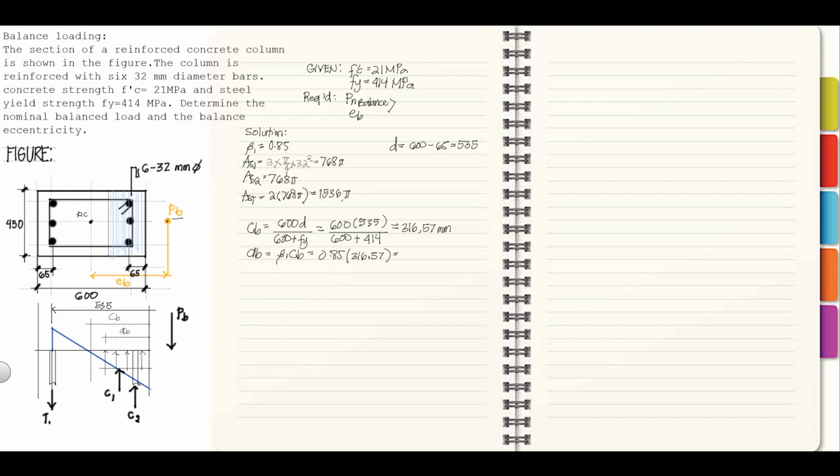So we will have, let's check first if nagre-record pa rin yung video natin. Yes, nagre-record pa rin siya. Yes, so 0.85 times 316.57. We will get 269.08 mm. That is our AB.